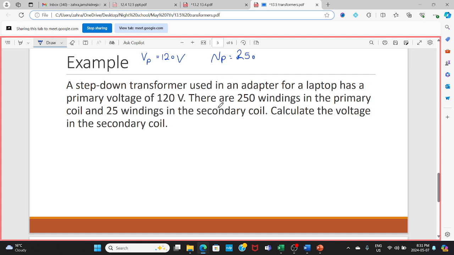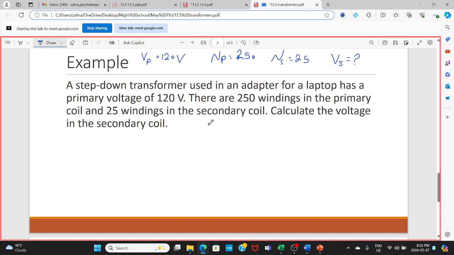And 25 windings in the secondary. Oh, sorry, this is the winding, what I did. We have 25 windings in the secondary, so N of S is 25. Calculate the voltage in the secondary, so we want to find V of S.